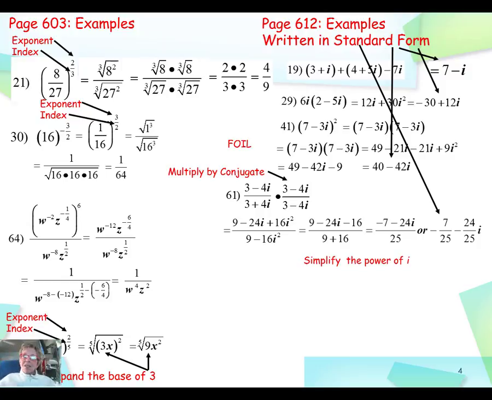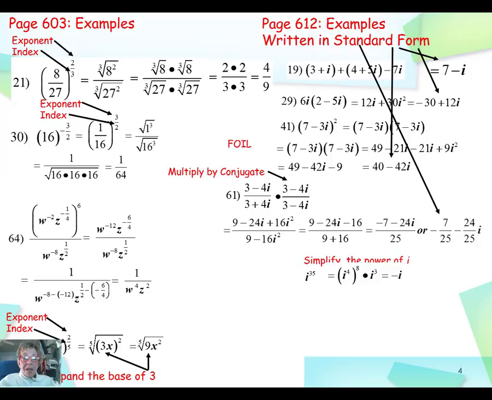Now, the best part of this whole lesson is simplifying powers of i. Powers of i to the 35th, i to the 125th, whatever you want to do. If I break that down into, first, the powers of i to the 4th raised to a power, because i to the 4th is equal to 1, i to the 4th raised to the 8th is i to the 32nd, which is all 1.